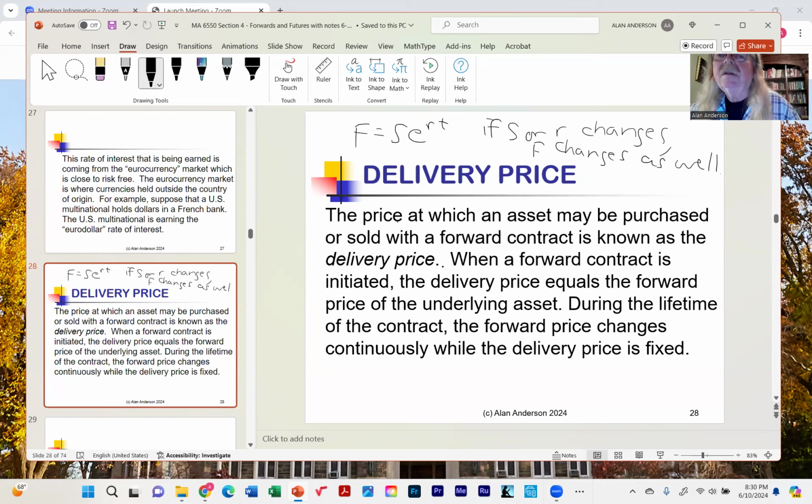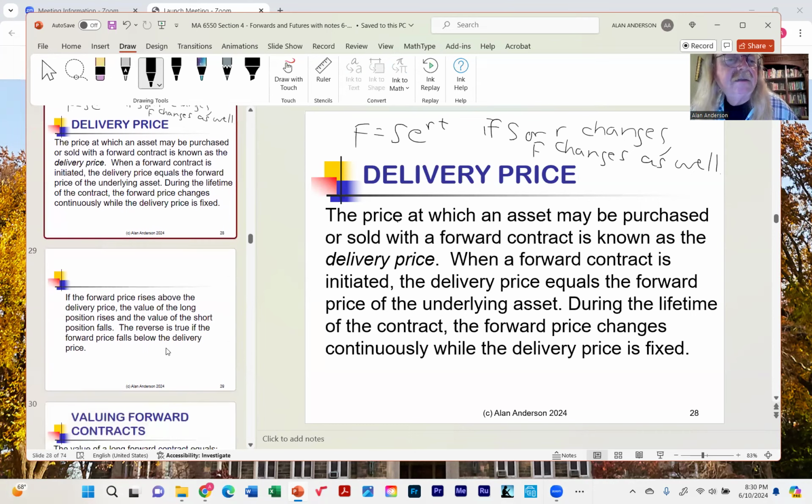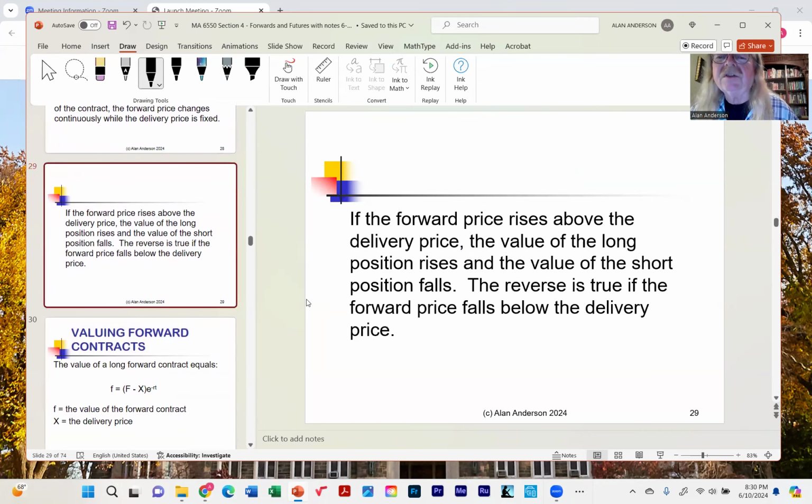So in other words, let's just say that I agreed to buy gold for $1,800 an ounce. Fine. Here's a general discussion about this.